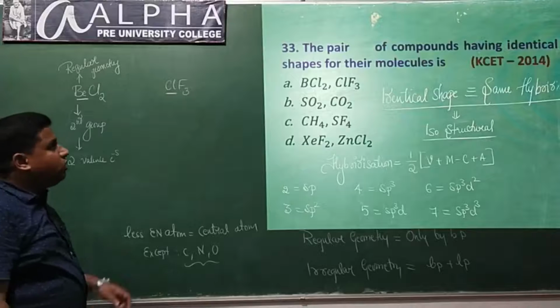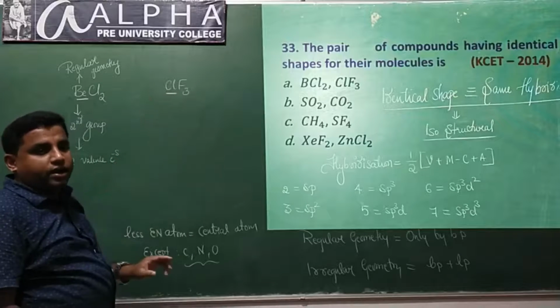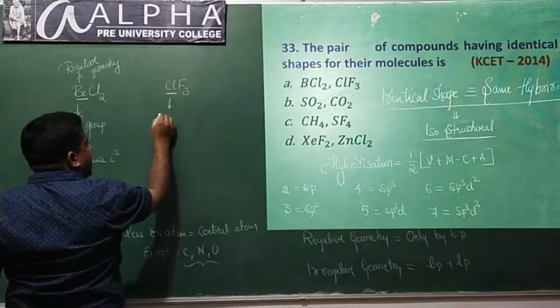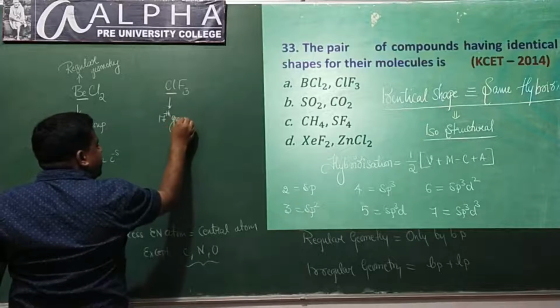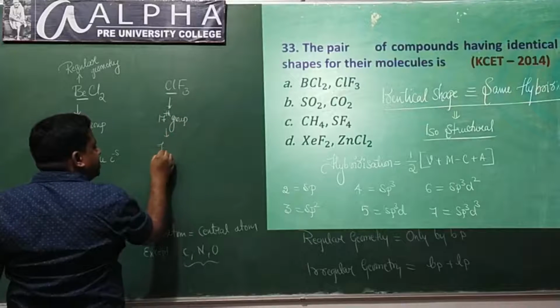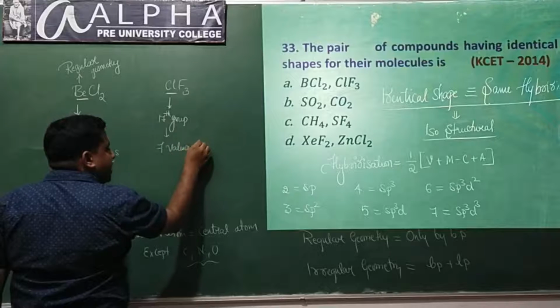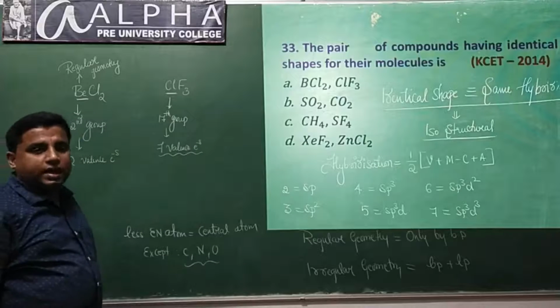Excellent. Now, if I consider ClF3, chlorine trifluoride. Chlorine belongs to the halogen family, which means the 17th group. 17th group elements have 7 valence electrons.